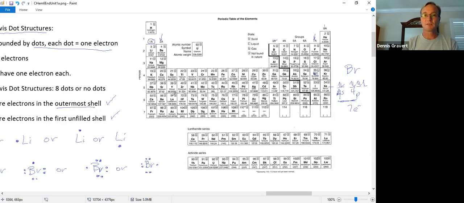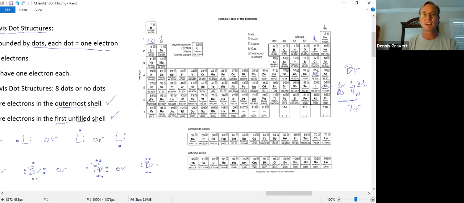Xenon, we're filling the 5th shell. We had 2 of the s. We have 6 of the p. Shell 5 is now full with 8 electrons. But what if I ask, where's the first unfilled shell? After xenon fills its 5th shell, it's full, so now it's time to start filling the 6th one.